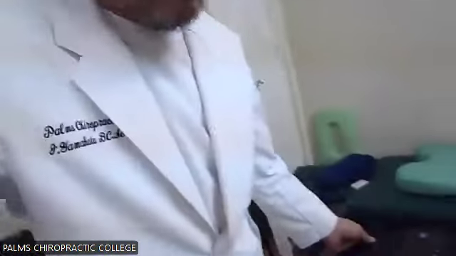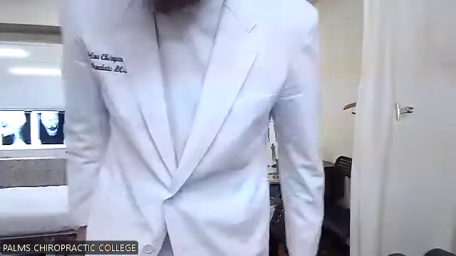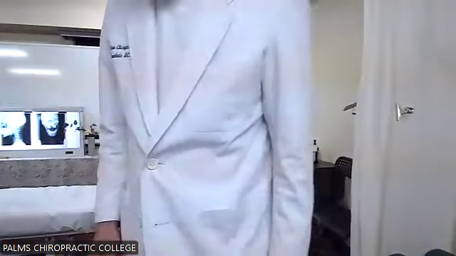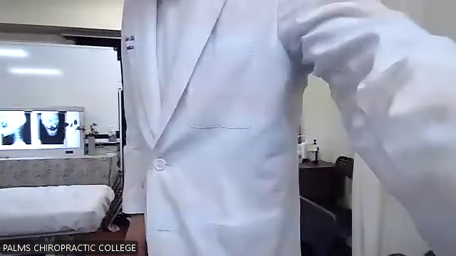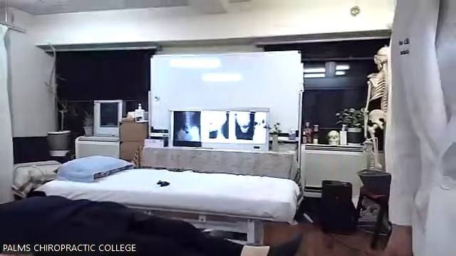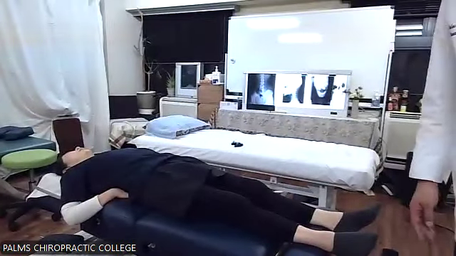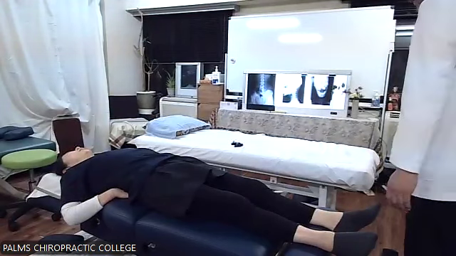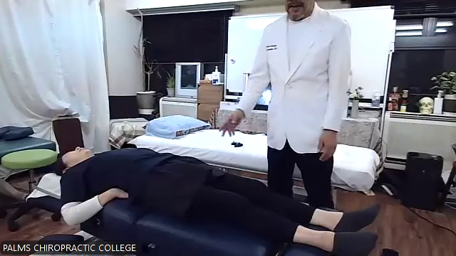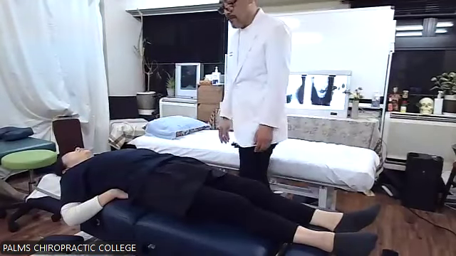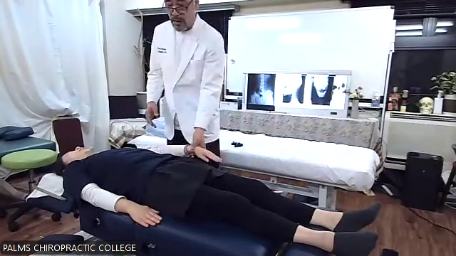Sir, can you also please show us the PI ilium correction that you do? Okay, sure. So let me show you a sample of Derifield positive, right? Yes, sir. Okay. So let's say she has a Derifield positive on the right side. So I'm going to have the patient in a supine position and do the arm fossa test with the right hand.